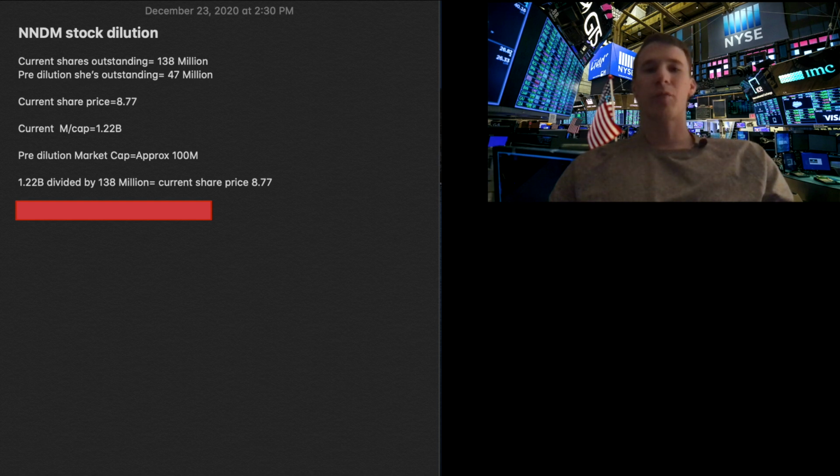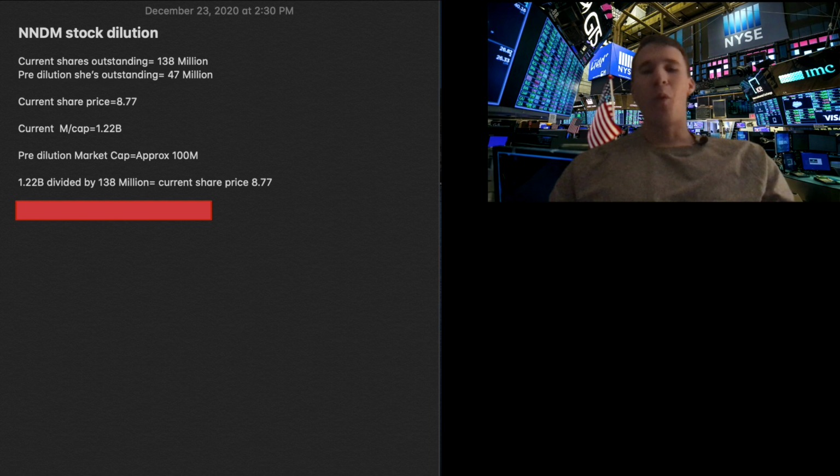So I'm going to show you guys a really simple math formula to calculate where the share price would be. If we want to get our current share price, what we do is we take the current market cap of 1.22 billion, divide that by 138 million, which is the current outstanding shares, and we get the current share price of $8.77.